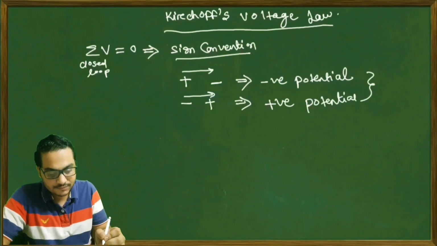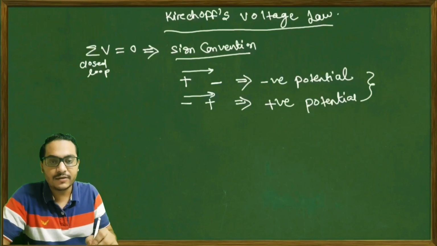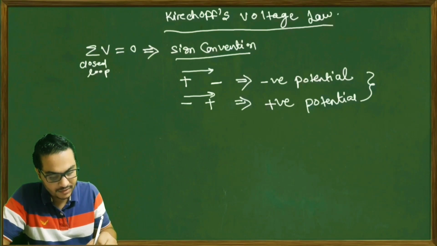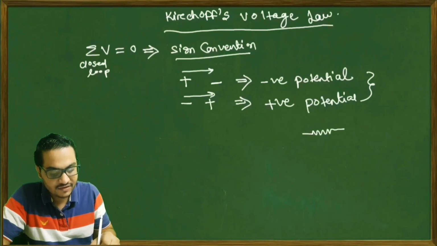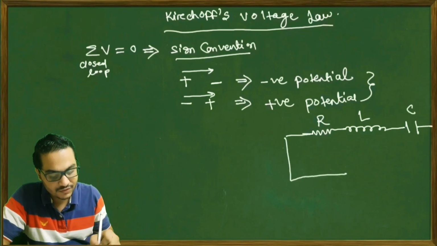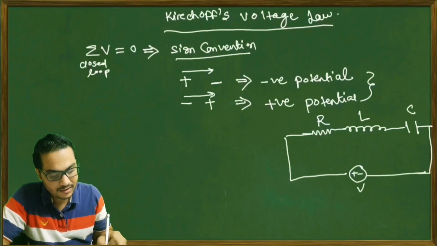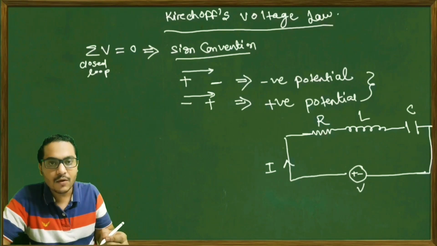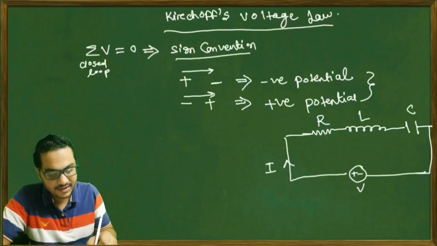Now let me draw a circuit so that the law will be very clear to you. Let there be three passive elements: resistor, inductor and capacitor, R, L, C, connected to a voltage source, let's say V. Now let I amount of current be flowing through it. The voltage across the resistance is VR.